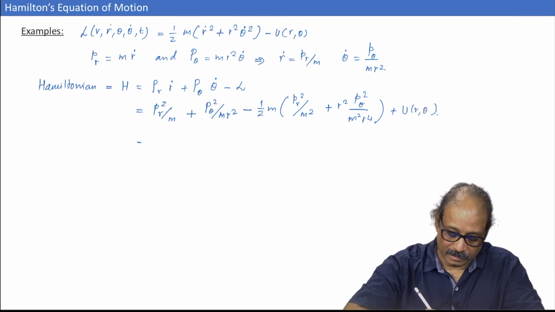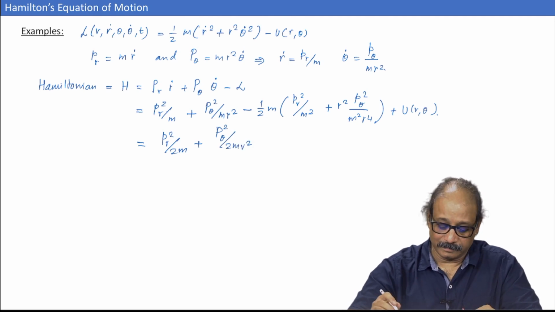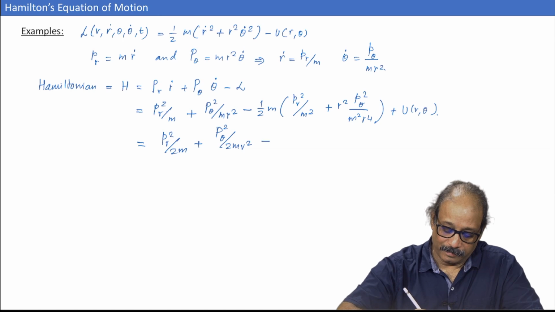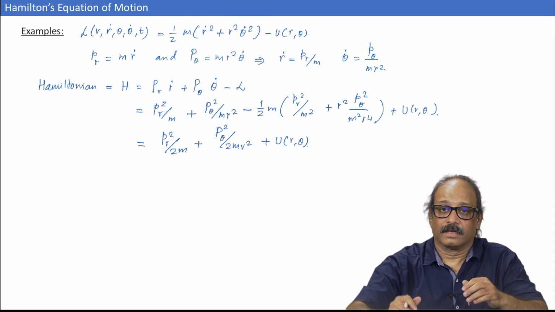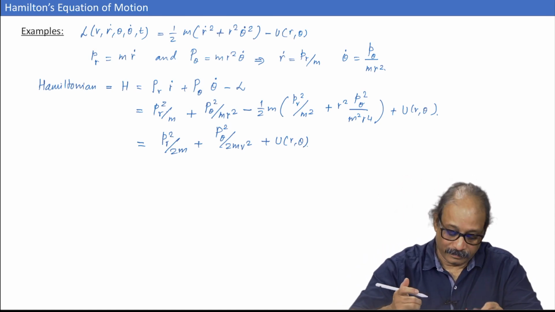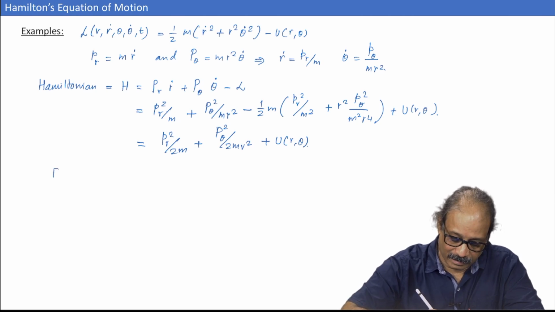This simplifies to p_r square by 2m plus p_theta square by 2m r square plus u of r comma theta. Okay, so this is how we construct the Hamiltonian, and then I will also write the equations of motion in this case.